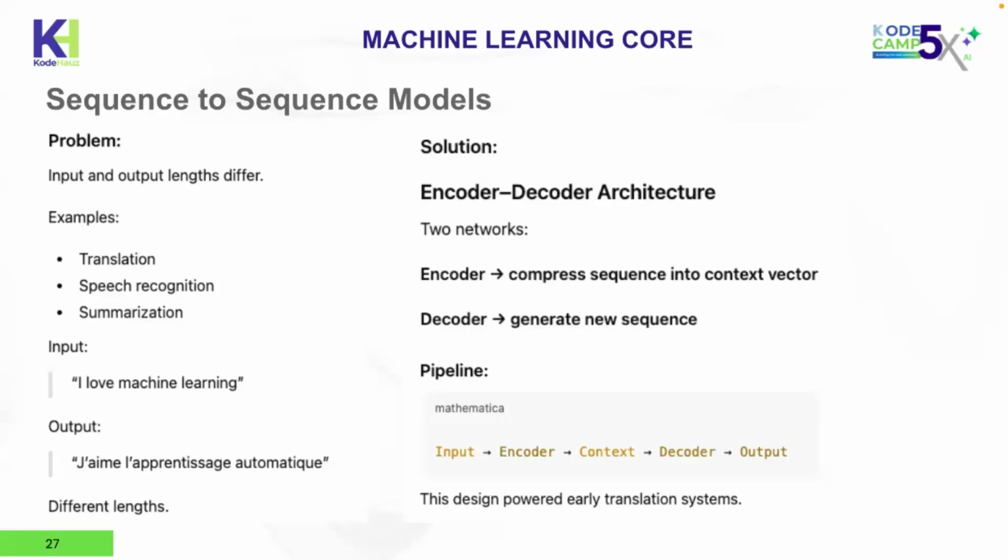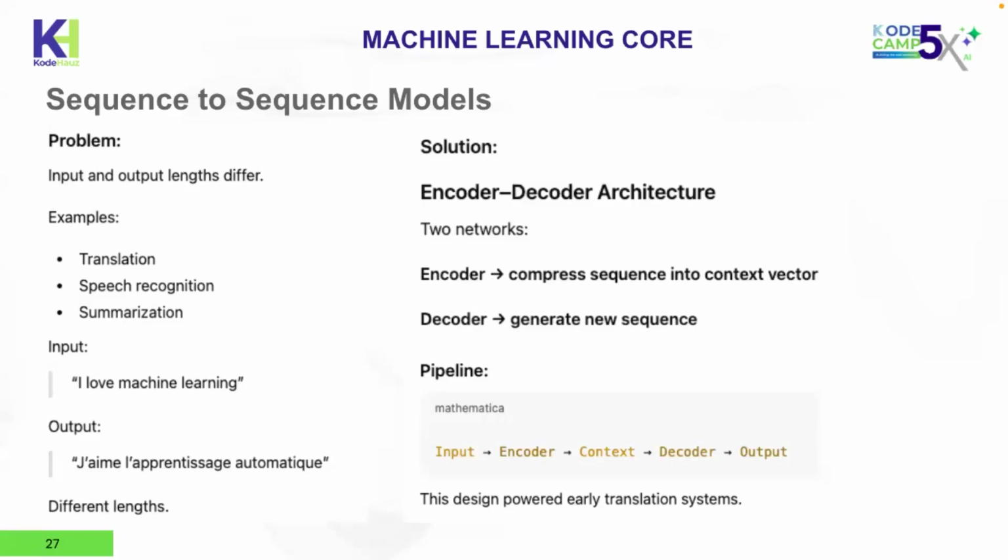That's the input sequence. You train on that sequence, and the output is the actual words that correspond to that. That's basically how sequence to sequence models work.